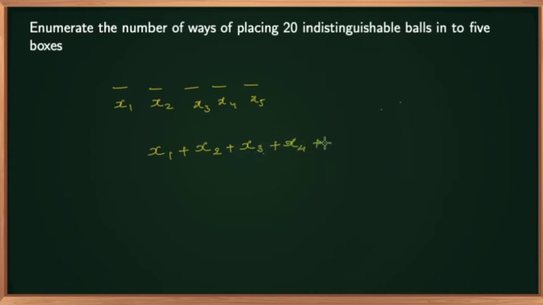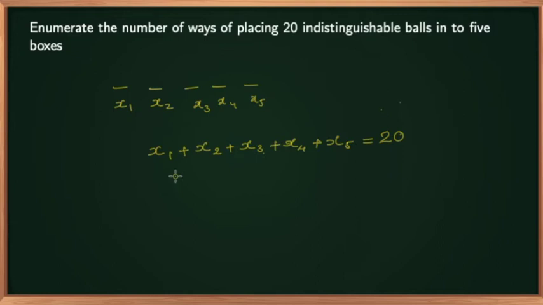plus h5 will give me total balls, right, is equal to 20, correct? So I can write this as h1 is the number of balls in the first box, h2 is the number of balls in the second box. So I can always write h1 plus h2 plus h3 plus h4 plus h5 is equal to 20, right? Now this is an equation which can be asked in a different way, right?